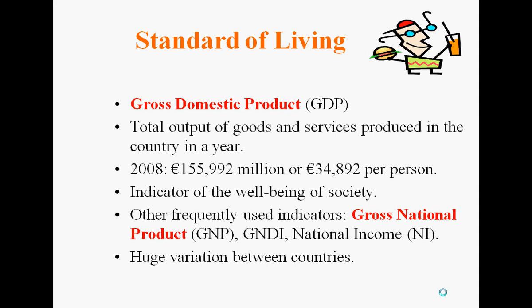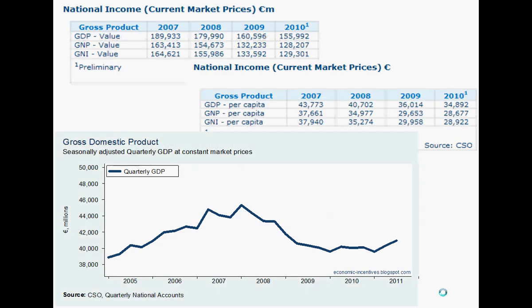So if we look at some recent figures of gross domestic product in Ireland, from the website of the CSO, we can see gross product in total, so national income in total.